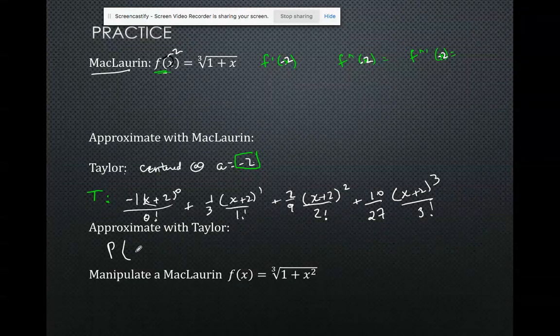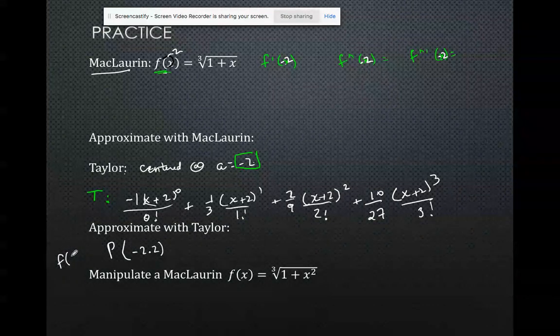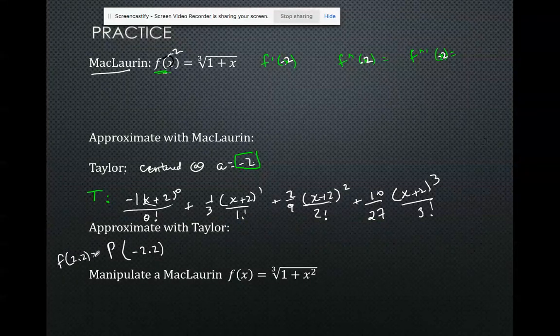So they asked me about -2.2, which is approximately f of -2.2. Again, I just used my calculator. I got -1.063. I didn't bother to compare it this time.